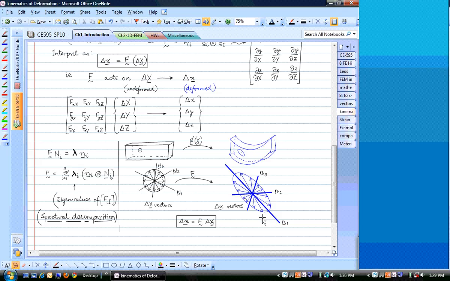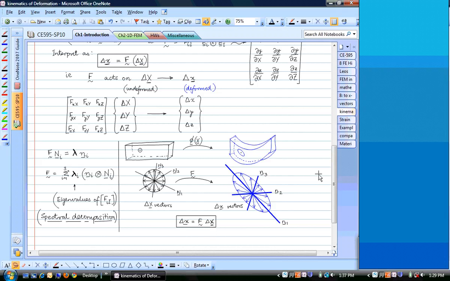That's all that a tensor does. It takes vectors from one space and produces vectors in another space. That's what our definition of tensor was, right? So keep in mind this relationship, that F is just going to take these vectors into these.